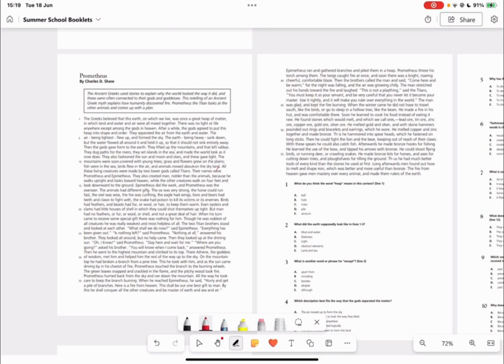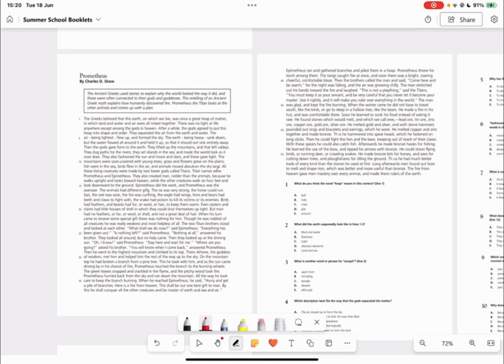Soon he learned to cook his food instead of eating it raw. He found stones which would melt, and which we all call ores: lead ore, tin ore, zinc ore, copper ore, gold ore, silver ore. He melted gold and silver, and with stone hammers pounded out rings and bracelets and earrings, which he wore.